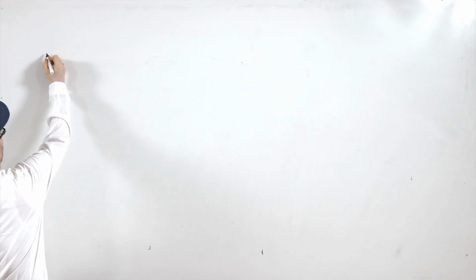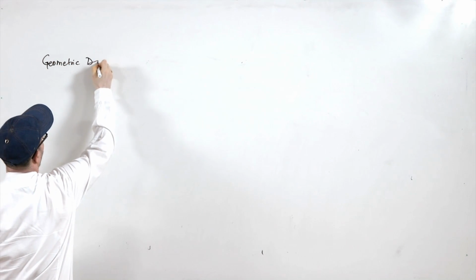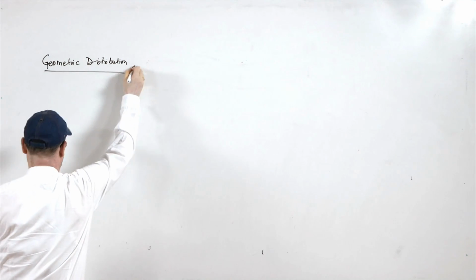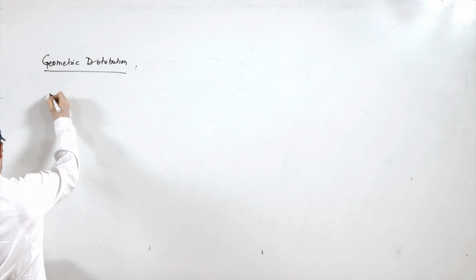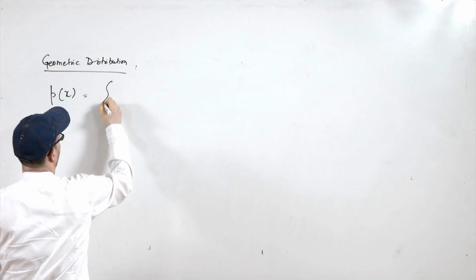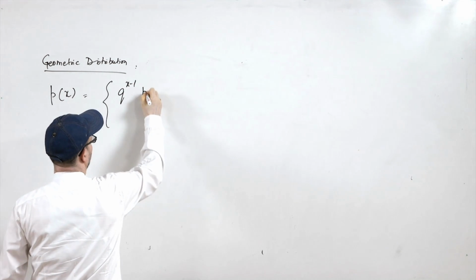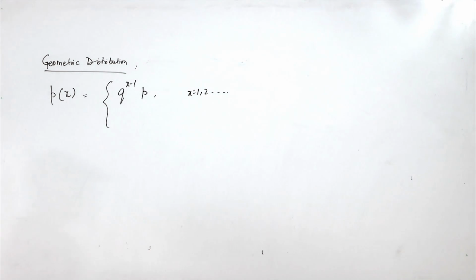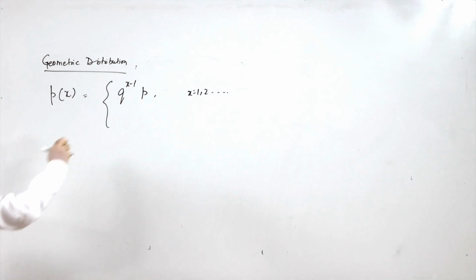So, for the geometric distribution, P(x) is defined as q raised to the power x minus 1 into p, for x equal to 1, 2 and so on. It means we are going for x trials, and success occurs once.